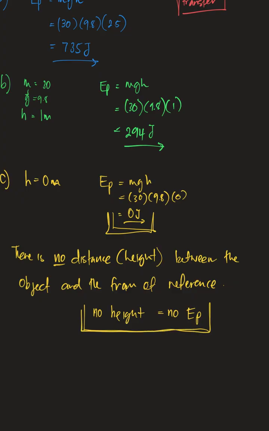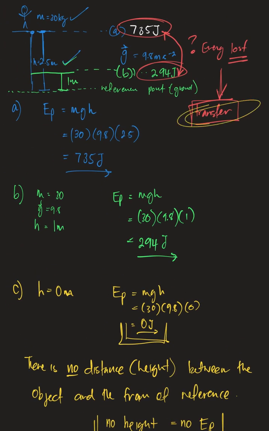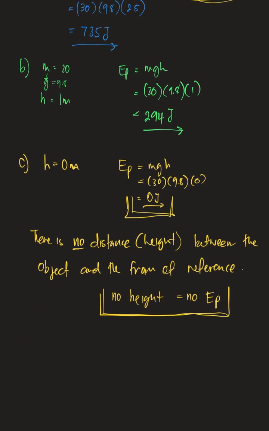So once we've done that, we need to look at this situation. What do we mean by the energy was transferred? What happened from point A to point B, where we went from 735 to 294? We cannot create nor destroy energy. So let's have a look at the next one, which is called kinetic energy.